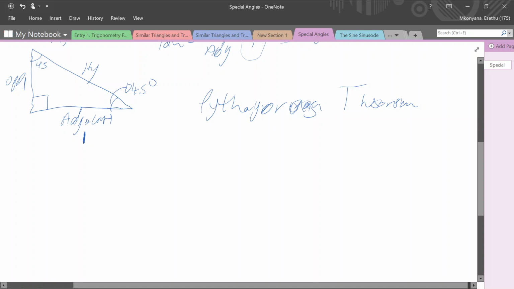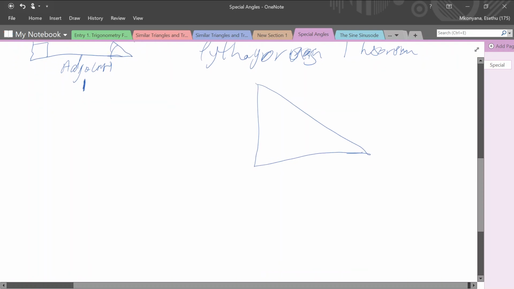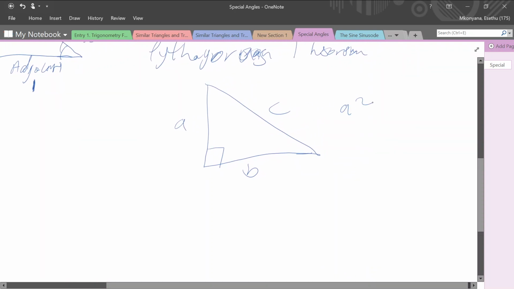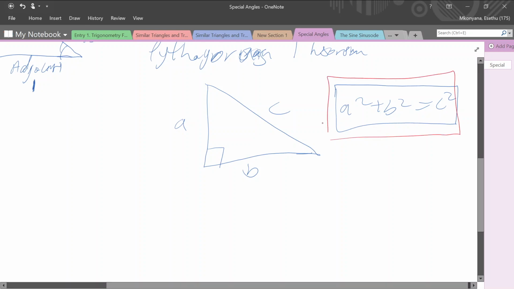What that theorem states is that whenever you have the sides A, B, C of a right angled triangle, and this triangle must be right angled, these sides can be related by A squared plus B squared is equal to C squared. So this is a very special theorem that you're going to have to keep in mind for now. You don't have to know where it comes from. You're going to get there, but just make sure that you keep it in mind, please.